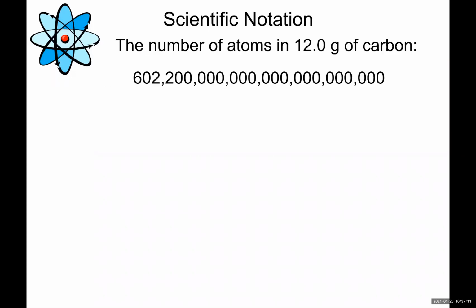So you might remember we said 1 mole is simply a certain large number of atoms, and this number of atoms in 1 mole is called the Avogadro number. It's a huge number. And we said 1 mole of carbon is 12 grams. It means in 12 grams of carbon, you have got this many atoms.